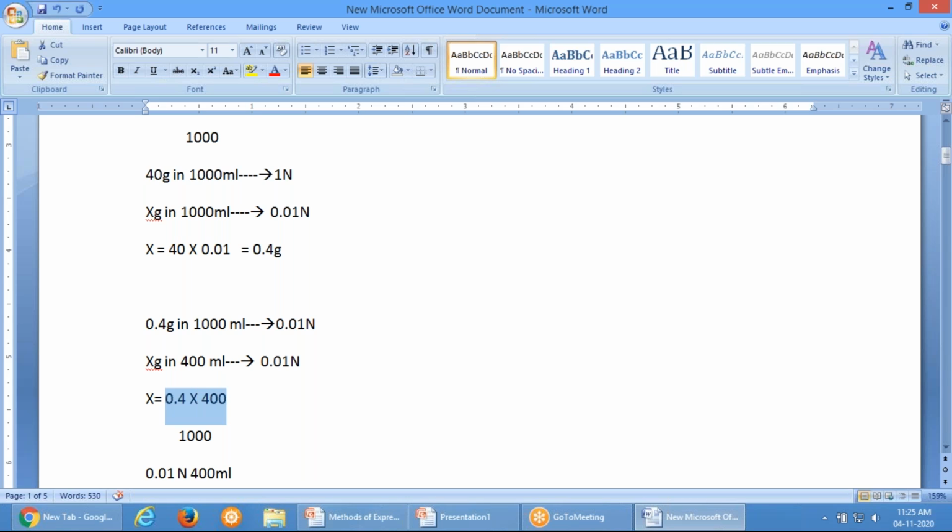So what will be the value? 0.16 grams. So you need to take 0.16 grams of sodium hydroxide in 400 ml water to get 0.01 normal sodium hydroxide solution. So similarly, you can calculate for others.